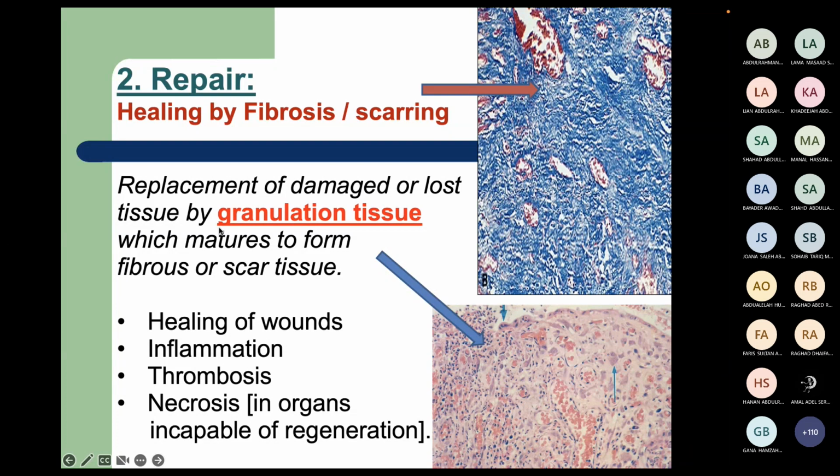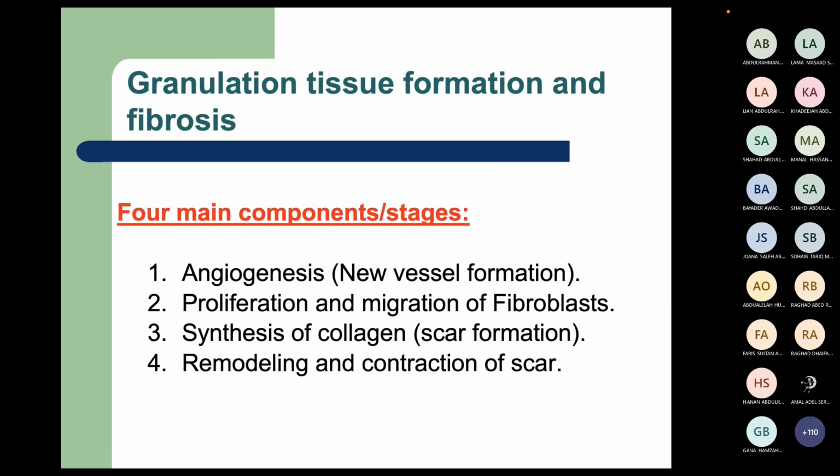There'll be granulation tissue formation and then scar formation. So these are the sites in which granulation tissue is formed. Granulation tissue is important. It is formed in 4 steps in the formation of granulation tissue and scar formation.